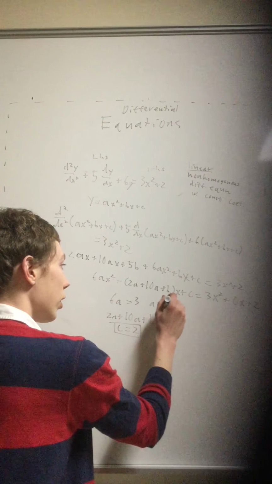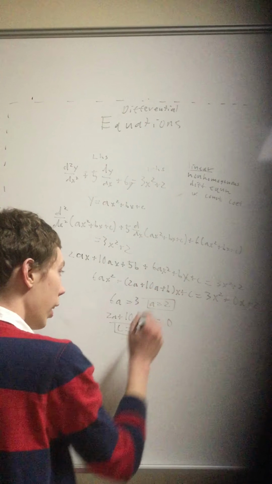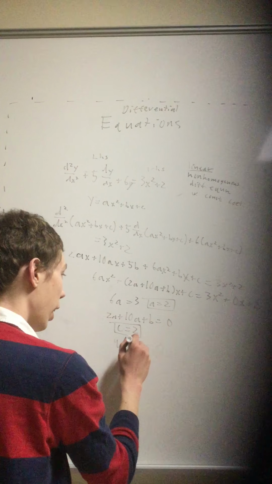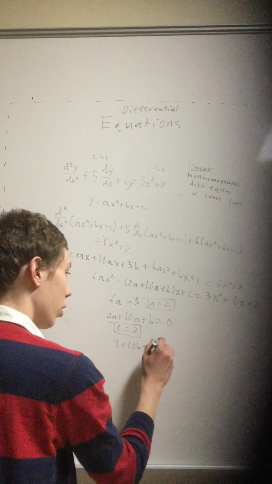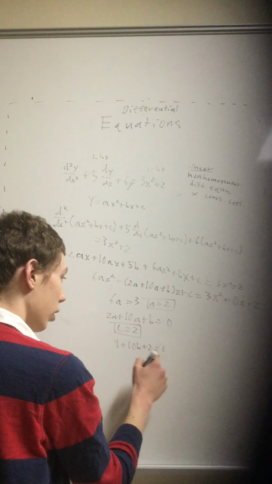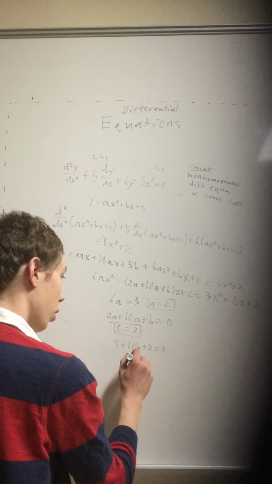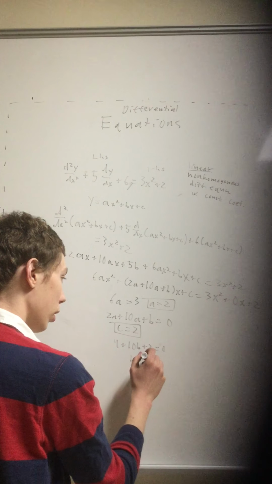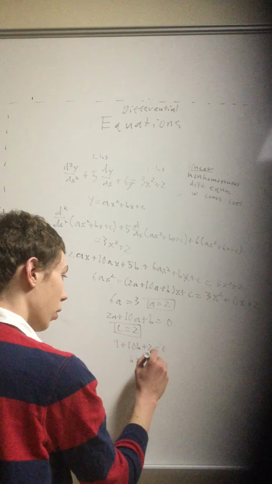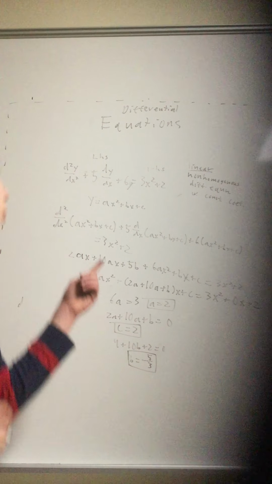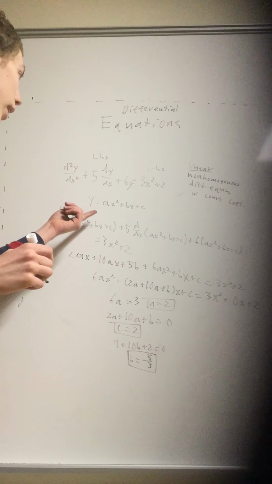This one is 2, and then you plug in 2 and 2, so you get 4 plus 10b, and now we found A, B, and C, which were the original things we were looking for in our guess.